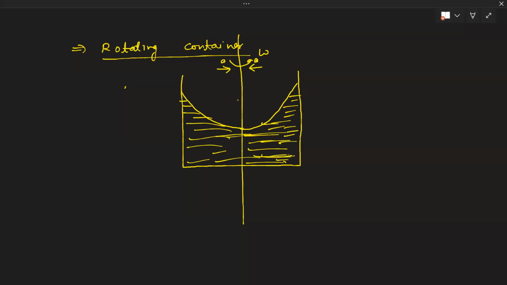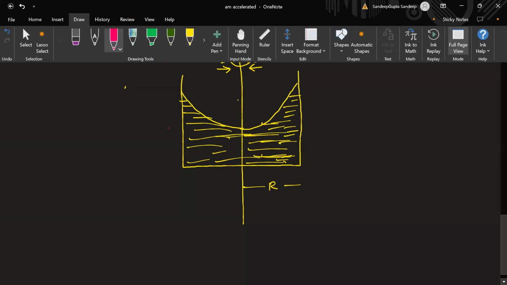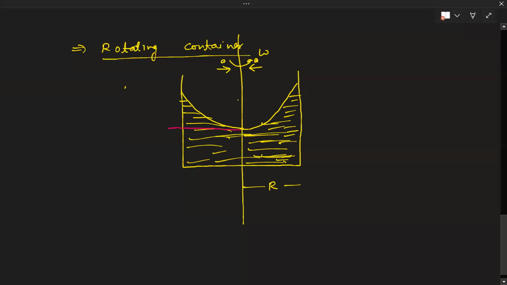Understood. So if this is the radius of the tube, I'll take this point as the origin. Let's suppose this is the x-axis and this is the y-axis. This is the maximum height h.